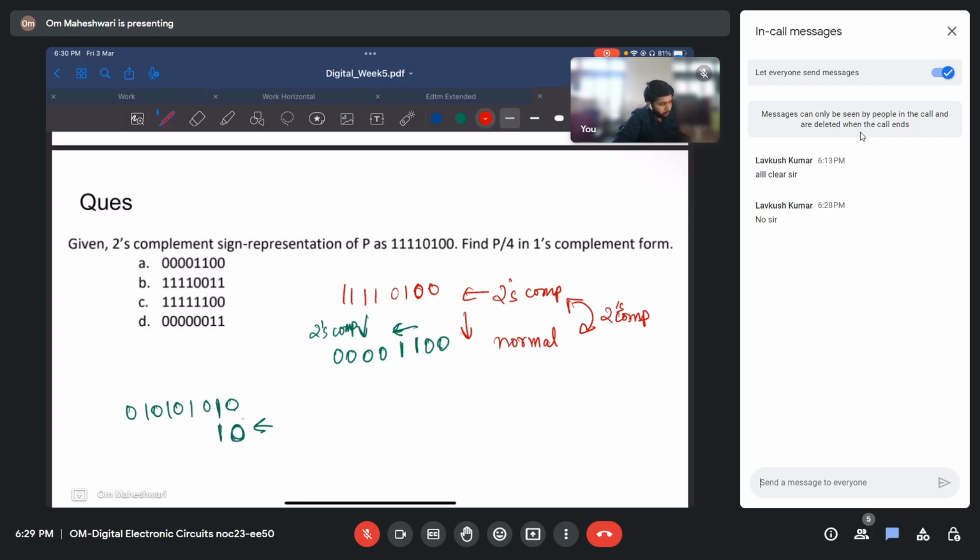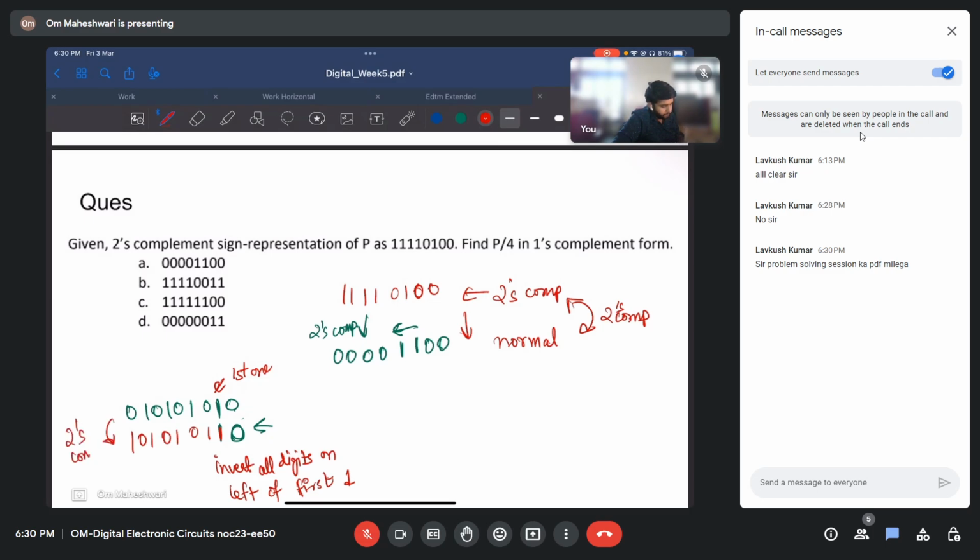As soon as we see the first one, write it as it is and invert all digits on left of the first one. So we have 1, 0, 1, 0, 1, 0, 1. This is the 2's complement. A shortcut to find a 2's complement.